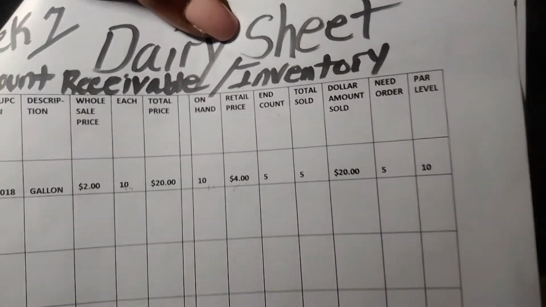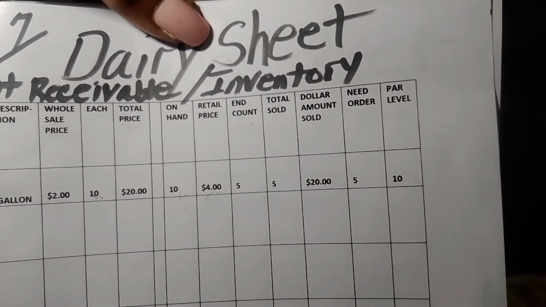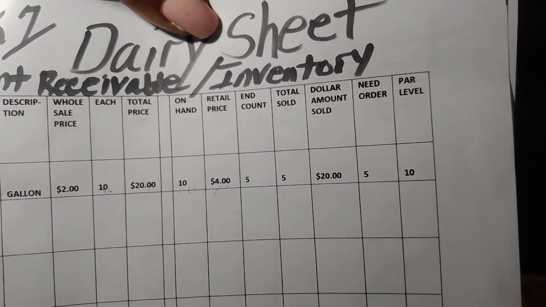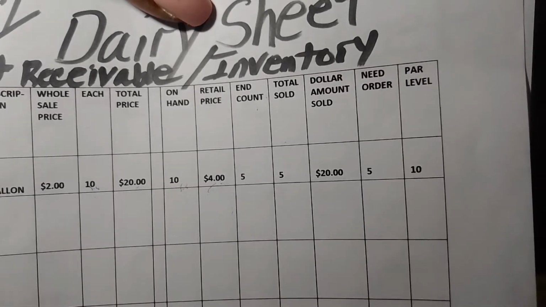So now we are on week 2, and we have to order those 5 milks to get our stock of milk back up to 10. That's what we did last week, reviewing the sheets. At the end of last week's count, it told us what we needed for each item, and it told us that we needed 5 milks.